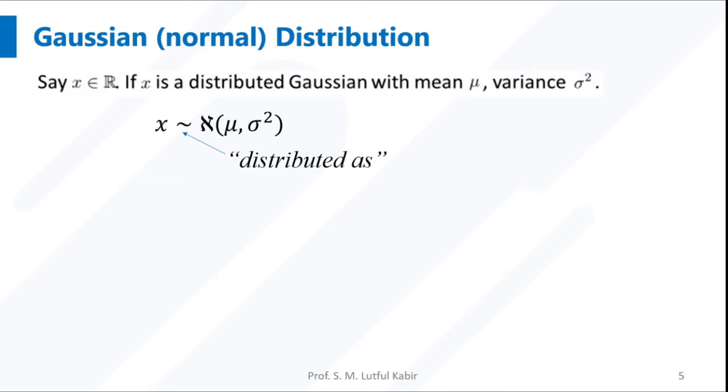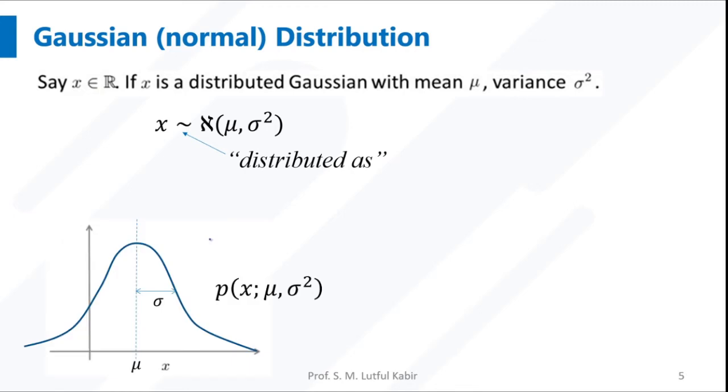So this symbol is termed as "distributed as". We read this line like this: x is distributed as the normal distribution with mu and sigma square. This is the diagram of the normal distribution, and we also call this distribution a probability. The term we use is probability of x parameterized by mu and sigma square.